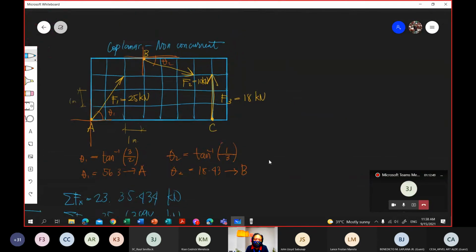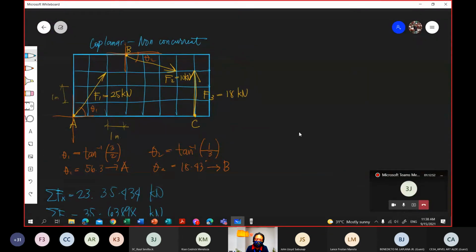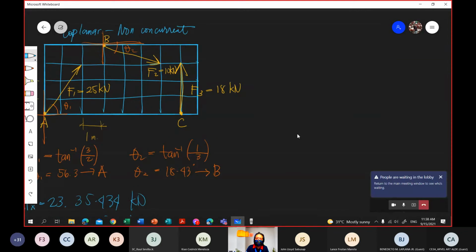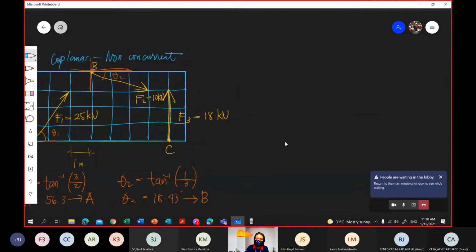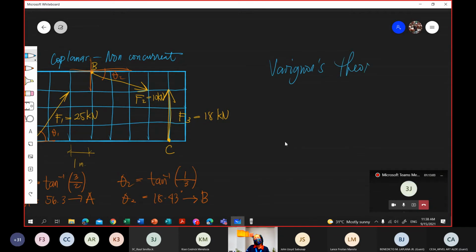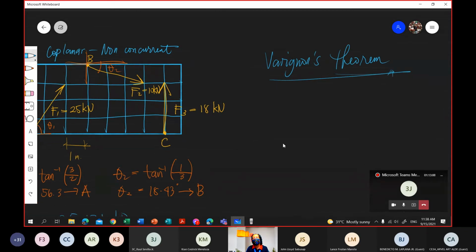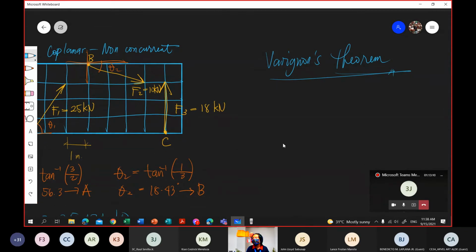If you can still remember, we have a theorem introduced by Varignon, Varignon's theorem. It states that the effect of a force is equal to the sum of the effect of its components.